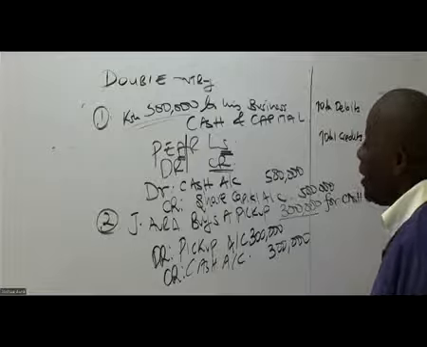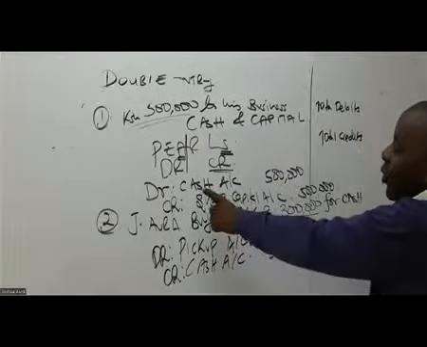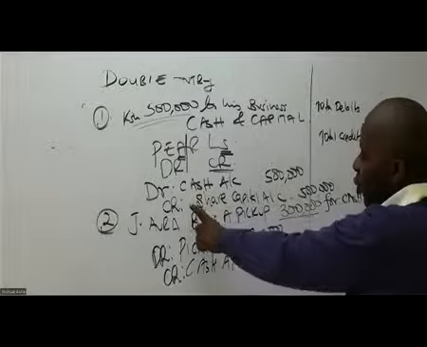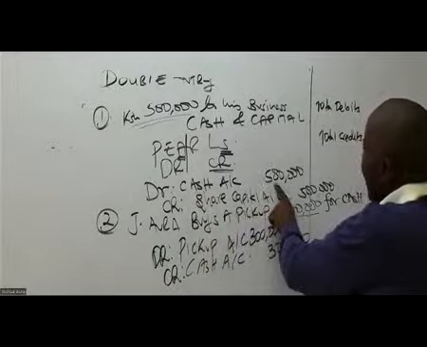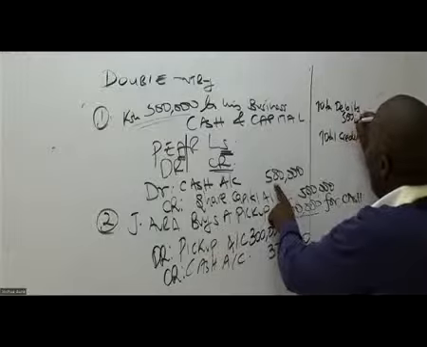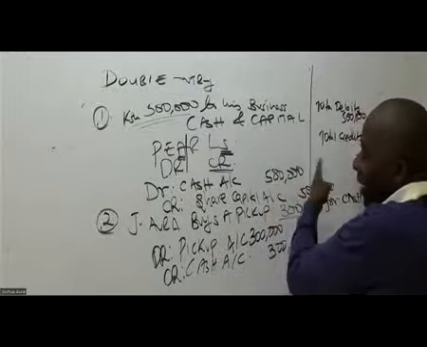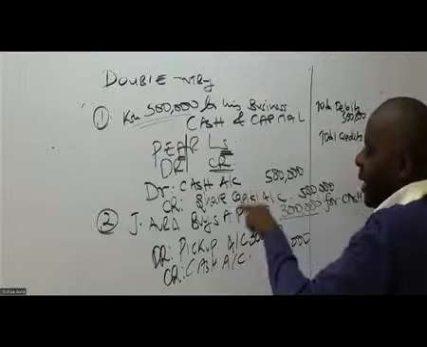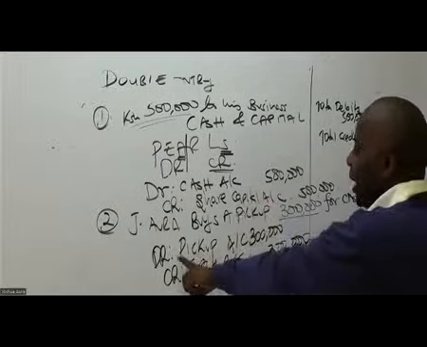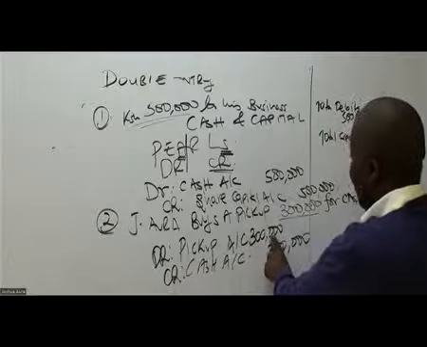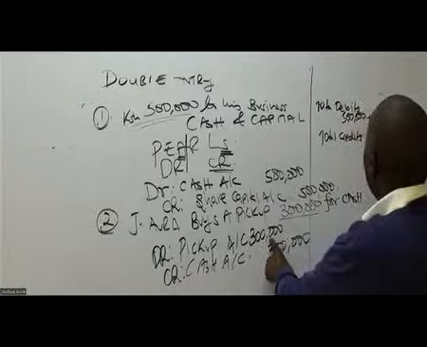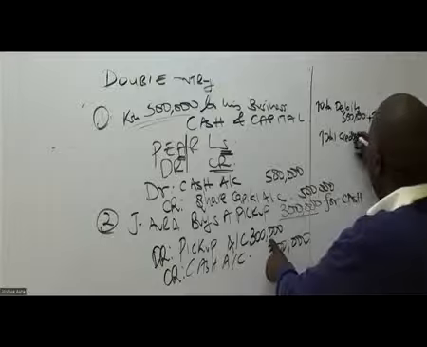Here I've got only two debits: a debit of cash of 500,000, of course after doing my ledgers and getting the balances, and another debit of pickup of 300,000. How about credits?